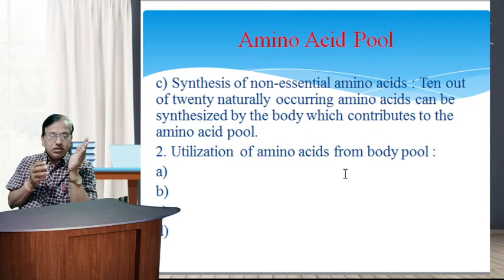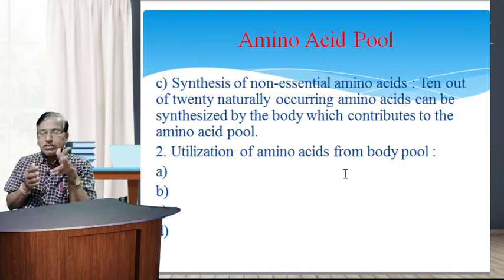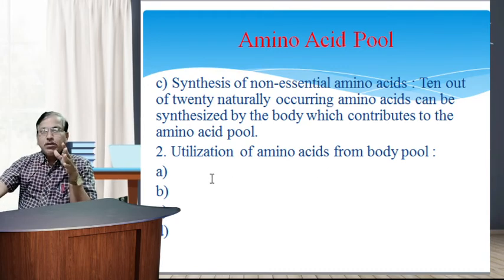In the amino acid pool, first is the sources of the amino acid pool. In the sources of the amino acid pool, there are three subtopics. Small a is protein turnover, small b is dietary protein, and small c is the synthesis of non-essential amino acids. Next, 2 is the utilization of amino acids from the body pool.